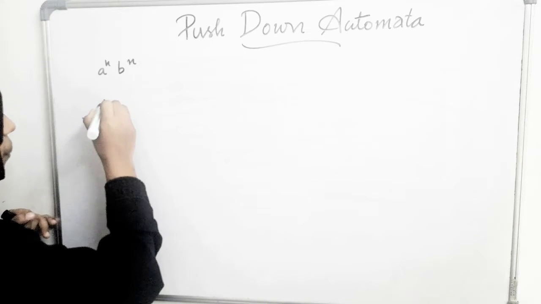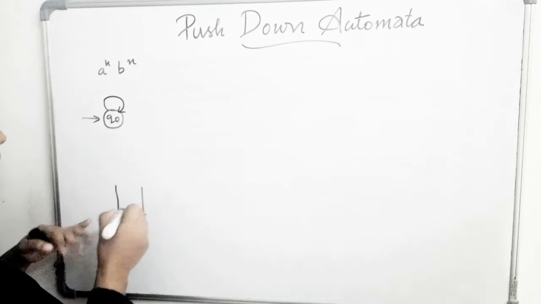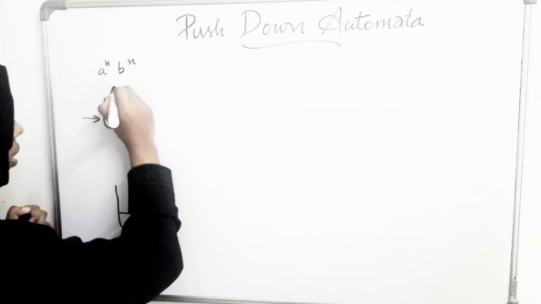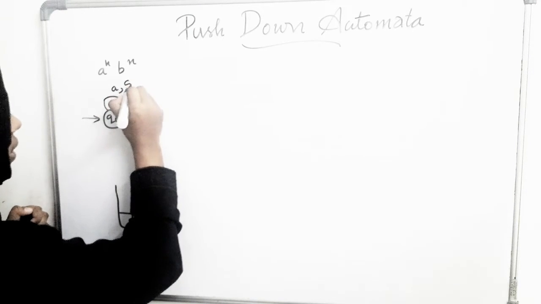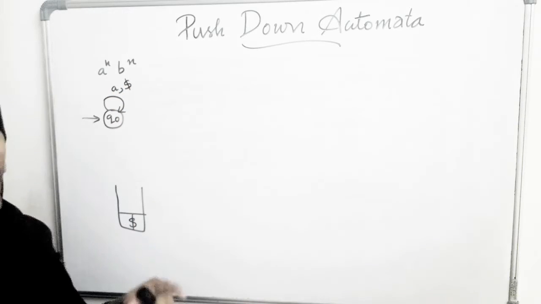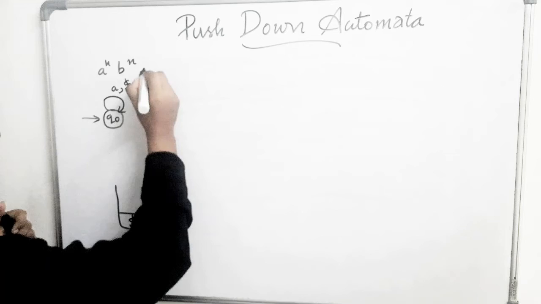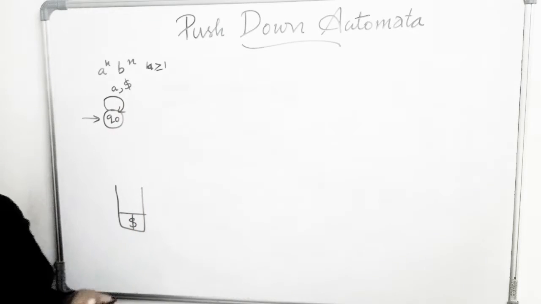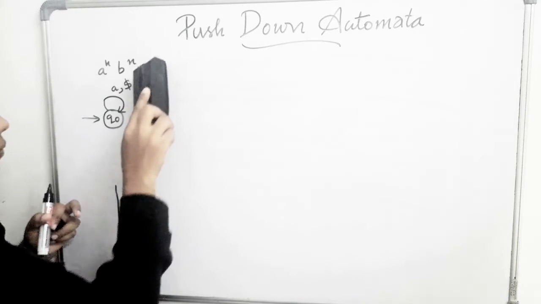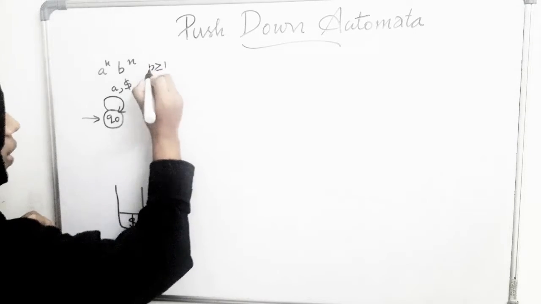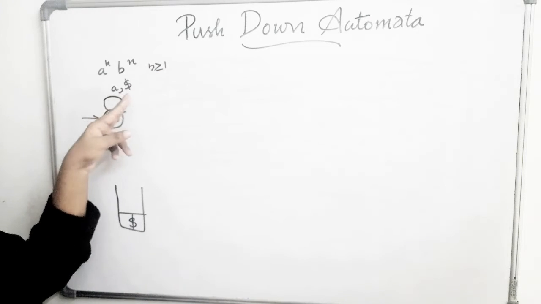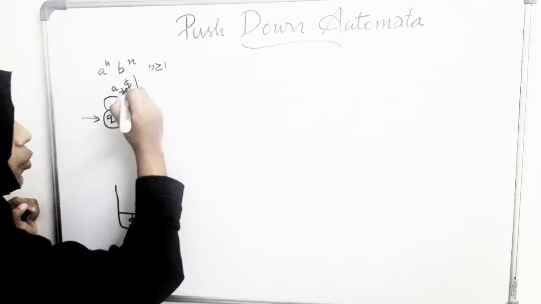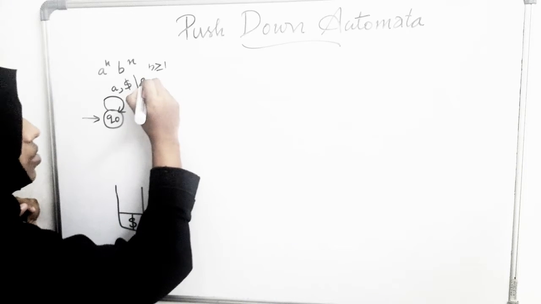If I see A on the input and dollar on the stack, where n is greater than or equal to 1, I'll simply push A to the stack. That is, I'll replace dollar by A dollar.